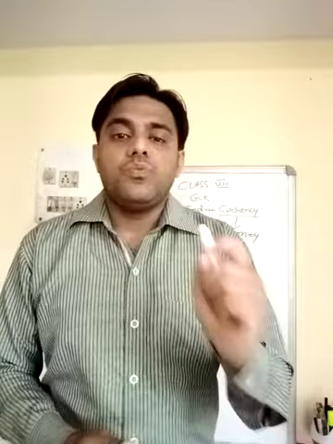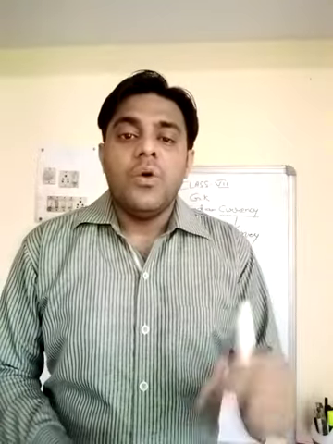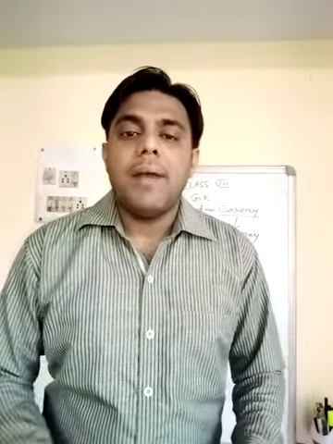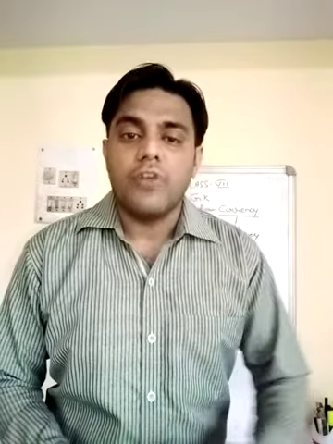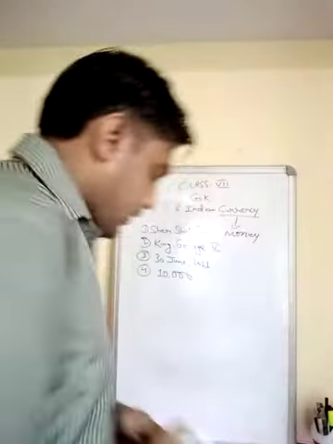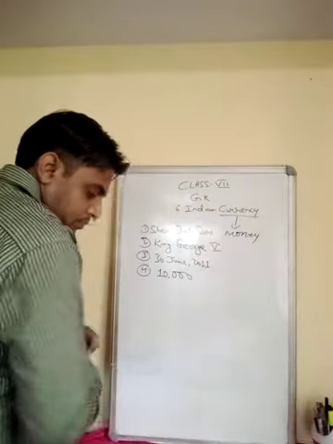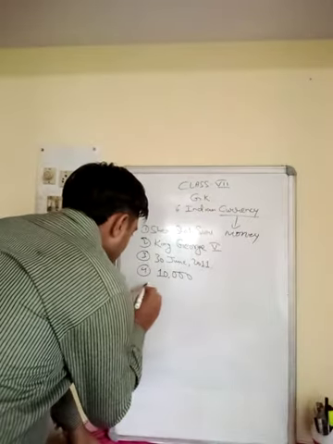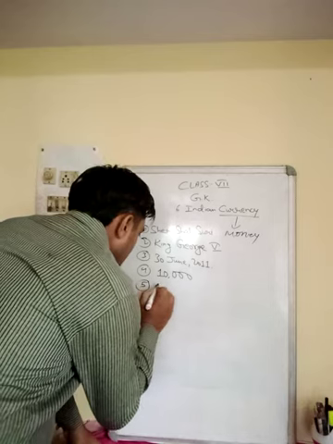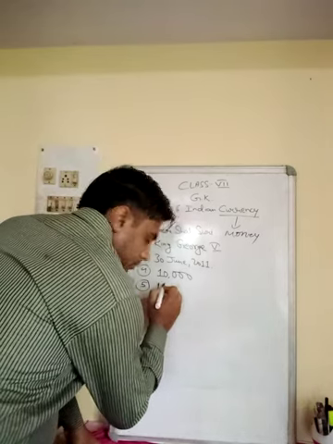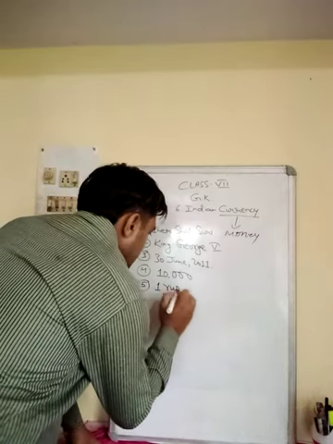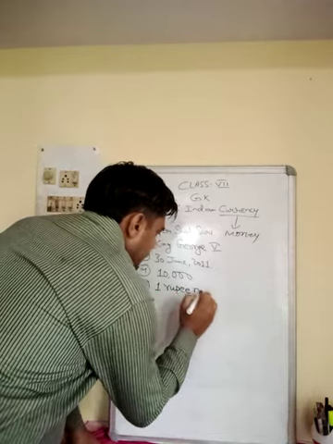But there is one particular denomination note which can be printed by the Ministry of Finance of Government of India, and that particular denomination note is the 1 rupee note.